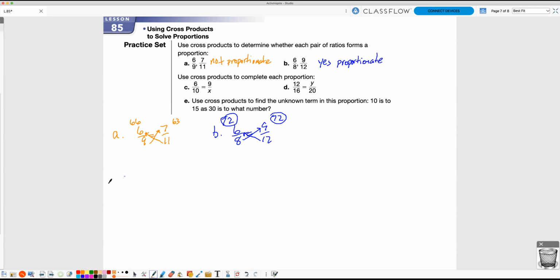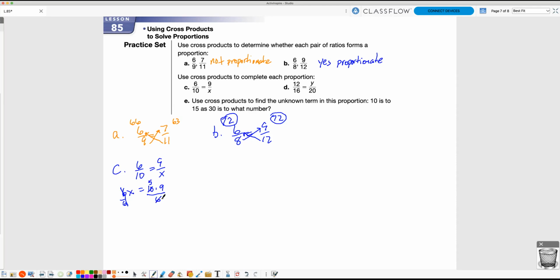And letter C, 6 is to 10 as 9 is to what number? So I need to make the equation 6x equals 10 times 9. I'm going to divide both sides by 6. I'm going to recognize that this is divisible by 2, that would be 5.